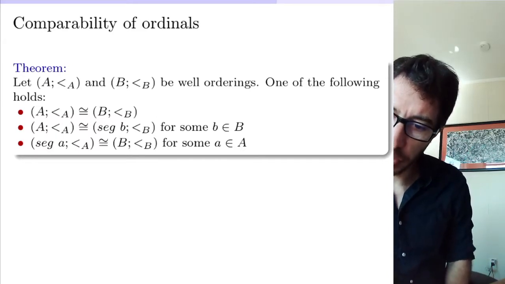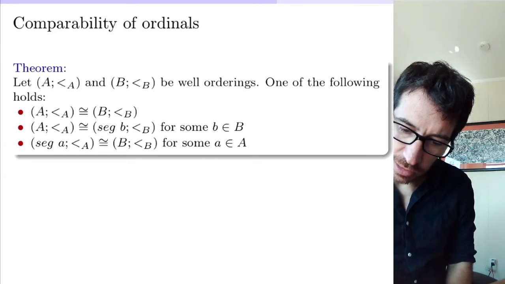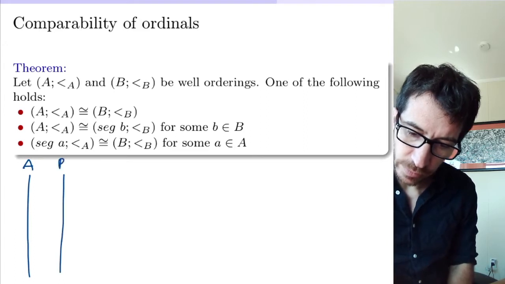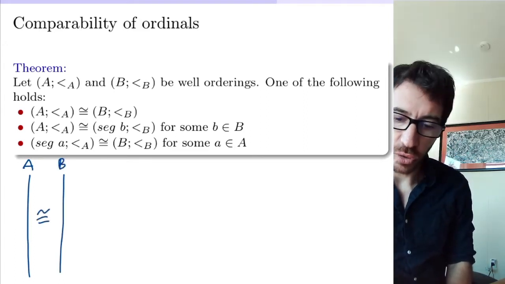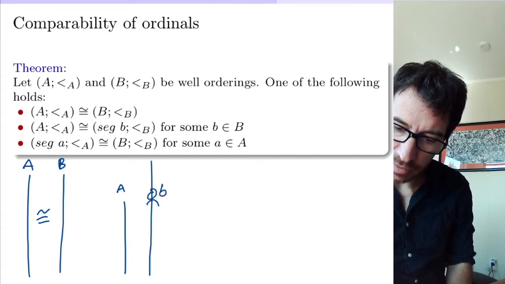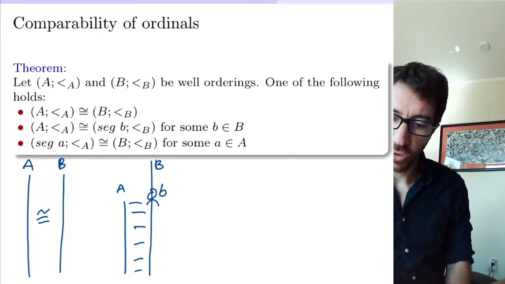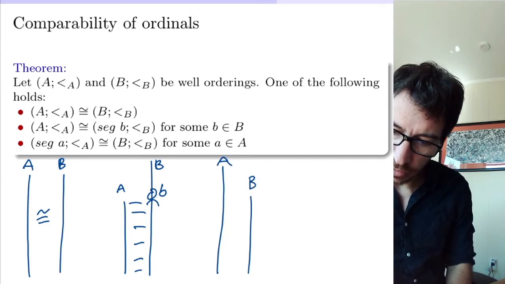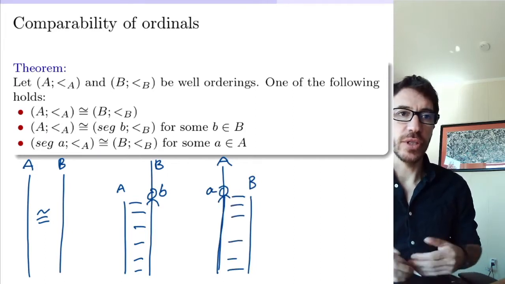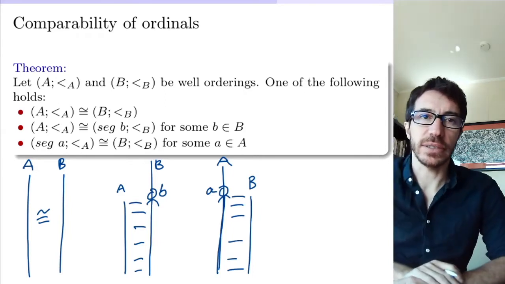So the three possibilities here look like either we have A and B and they are completely isomorphic, or A is isomorphic to the segment below a certain element b from B, and we get the isomorphism right there, or B is isomorphic to the segment below some element little a in A. So this theorem says that one of these three things must happen.